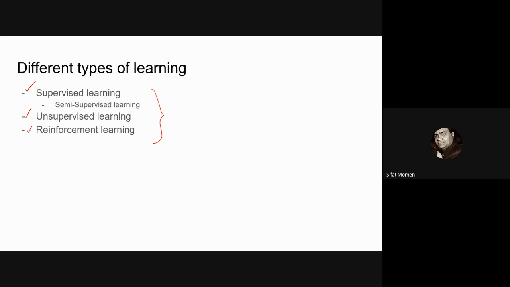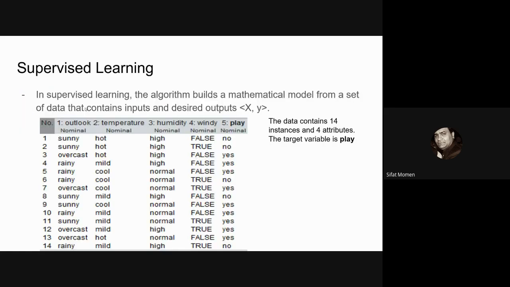In this course, we will probably not have time to look into reinforcement learning. We are mostly going to discuss these two kinds of learning. We're going to look at a lot about supervised learning, and we're also going to see what's in unsupervised learning.